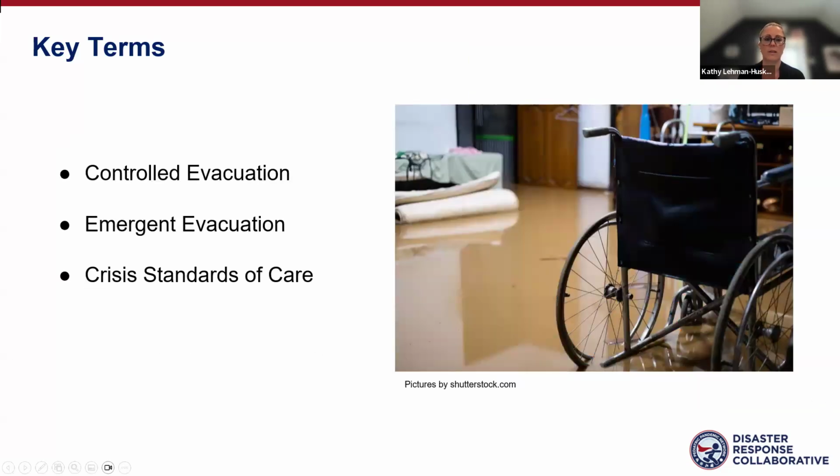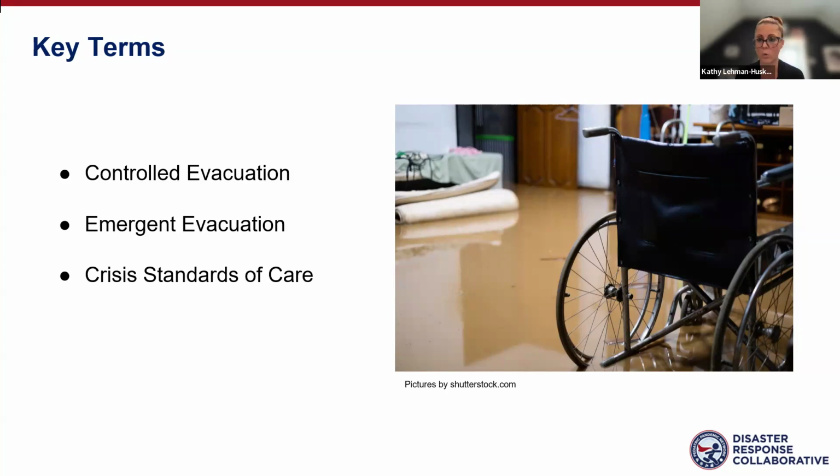Okay, so I talked about the controlled and the emergent, but talking about crisis standards of care. On a daily basis, obviously we want to provide the best individualized care to a patient, and our end goal is that they leave and that they are at least better, if not cured.